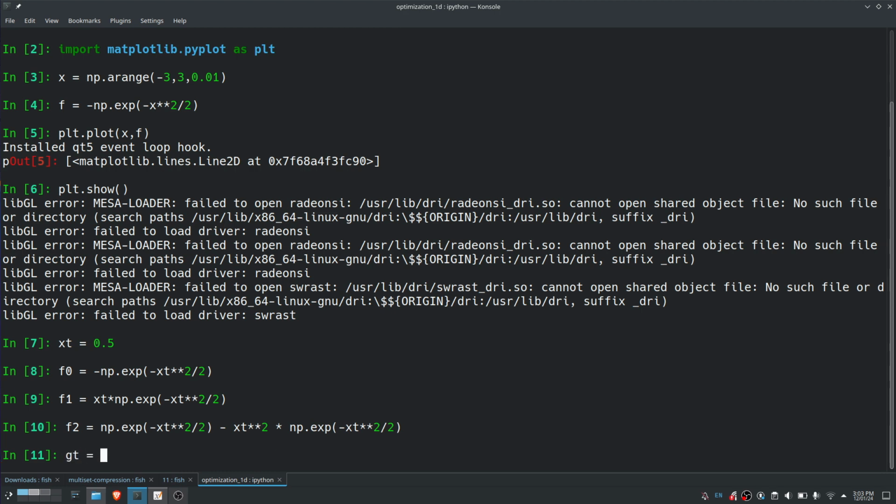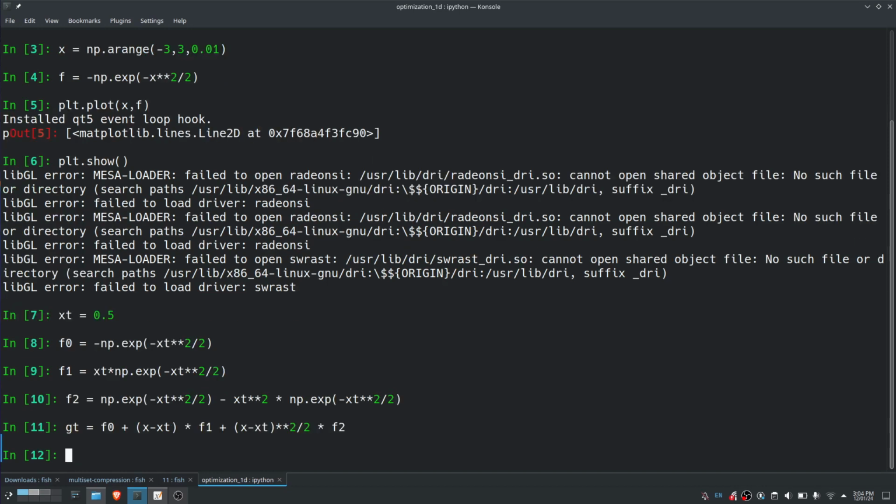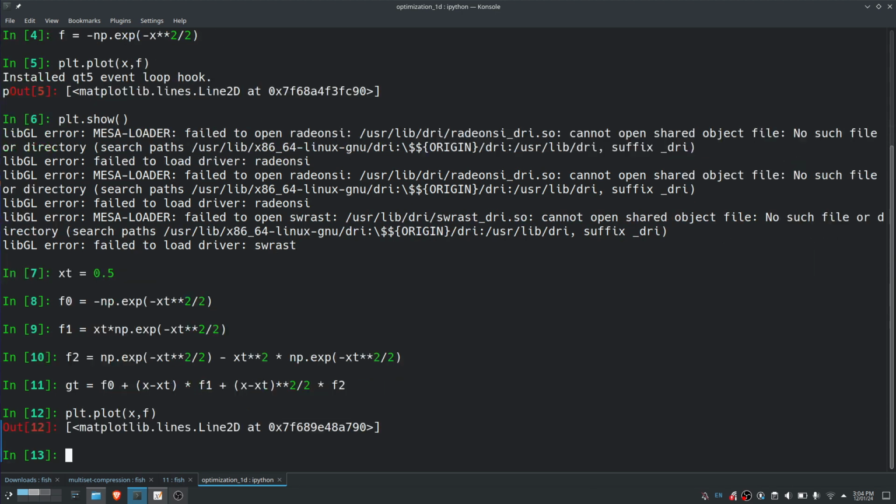And what would g_t look like? It's f0 plus x minus x_t times f1 plus x minus x_t the whole square by 2 times f2. Correct? So let me plot x and f, and also g_t.